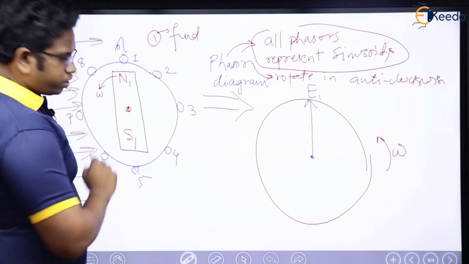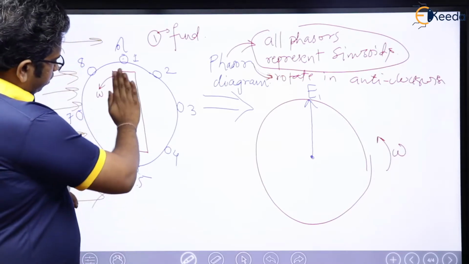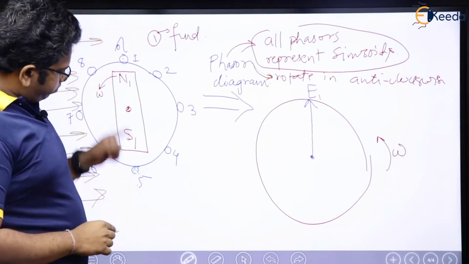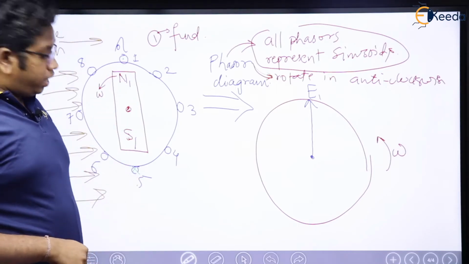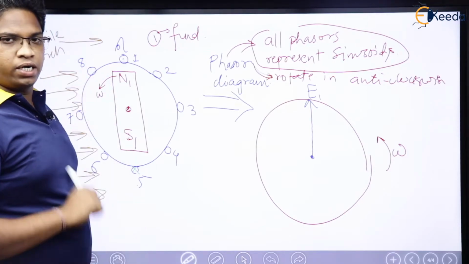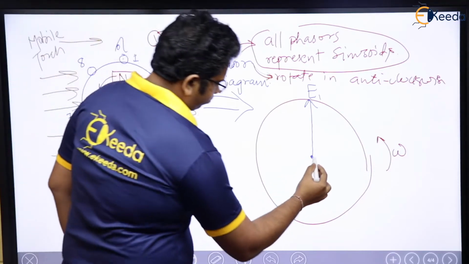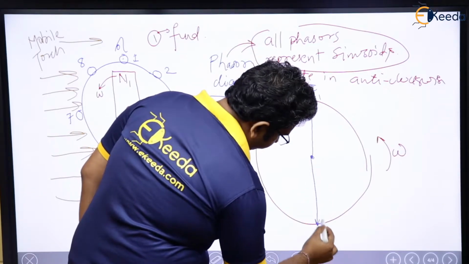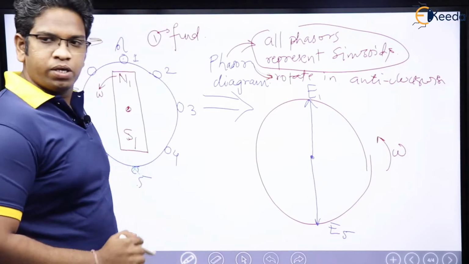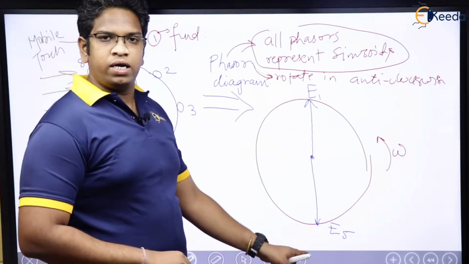At the same time, when my rotor is here with N1, S1, think of conductor 5. Here you have a cross, which means opposite to the first conductor, so it is going to be E5. Getting my point? Now I have got E1 and E5.